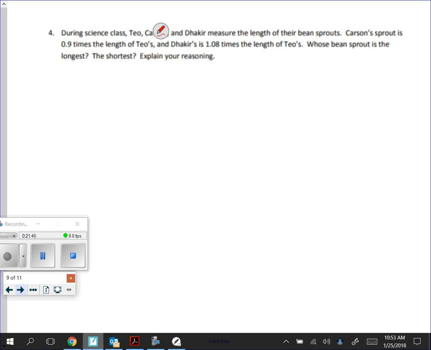No. So if we just make Teo's length T, it doesn't even really matter what his is. His is just T. And we know that Carson's sprout is 9/10 times the length of his.